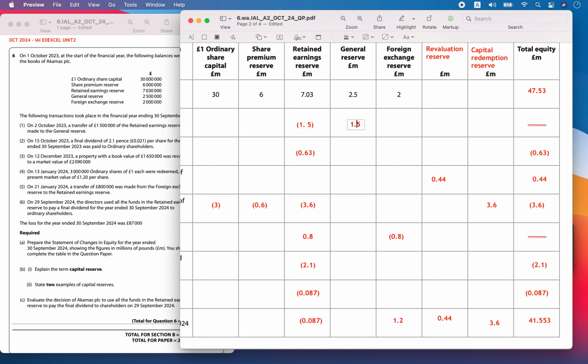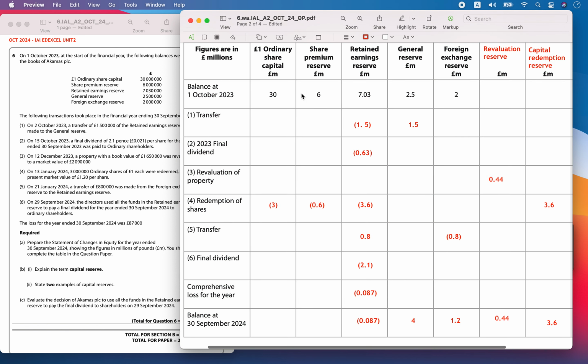Then 2.5 plus 1.5 for the general reserve, so it is going to be equal to 4 million. And then you have here ordinary shares, 30 minus 3, so that will become equal to 27.